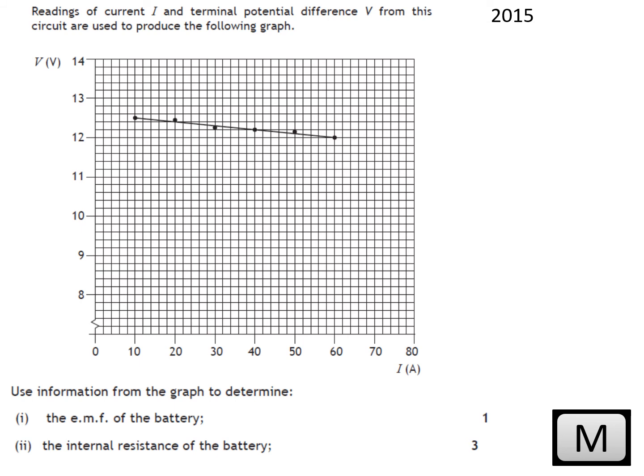It says, readings of the current and terminal potential difference V from the circuit are used to produce the following graph. Use the information from the graph to determine the EMF of the battery and the internal resistance of the battery. And notice the EMF of the battery, the first question, is only worth 1 mark.